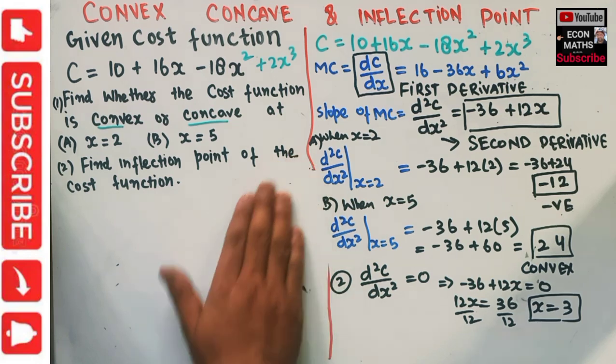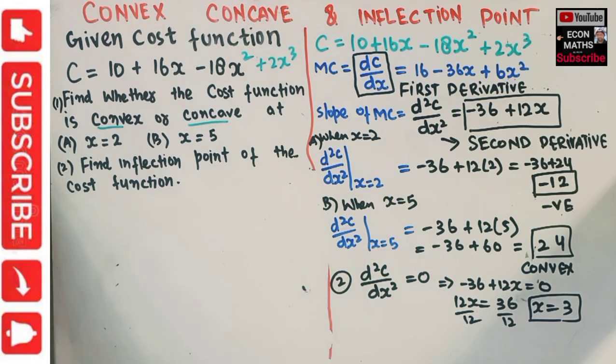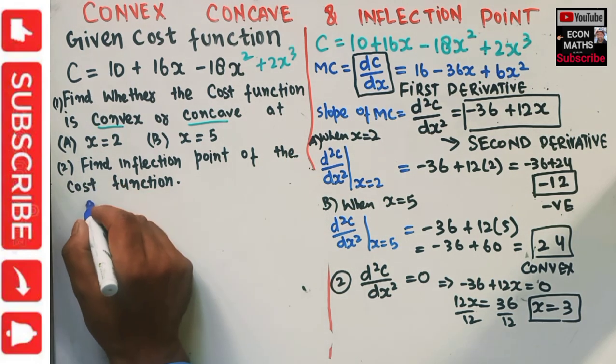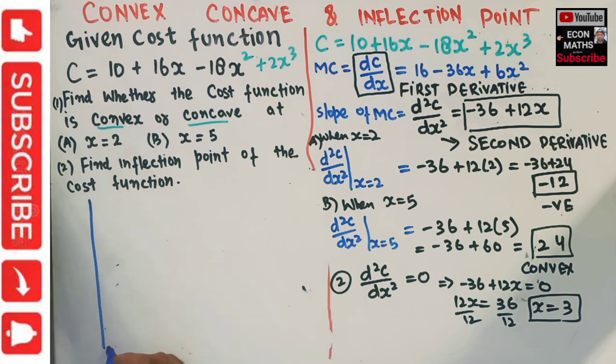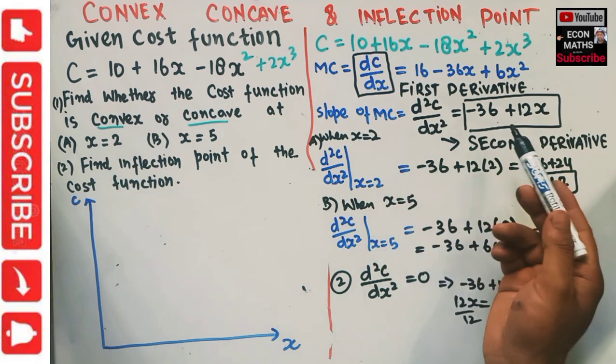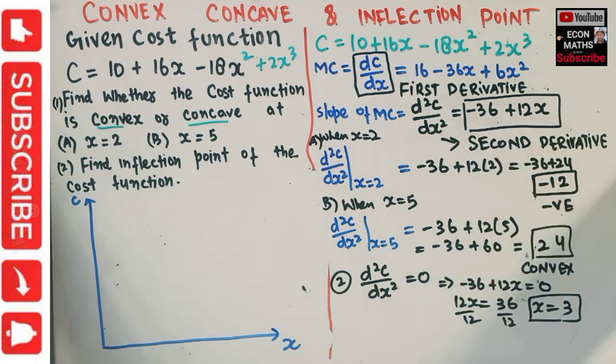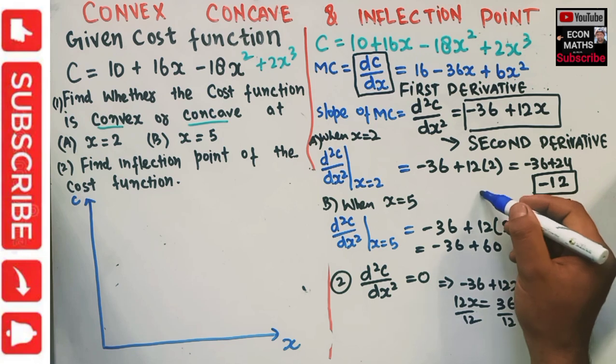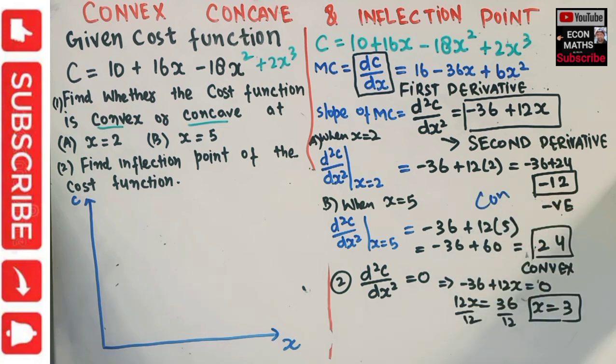So let me draw the graph here. We have output on this side and cost function on this side. We have seen when x is equal to 2, the second derivative was negative and the function was concave, so our function will look like this.